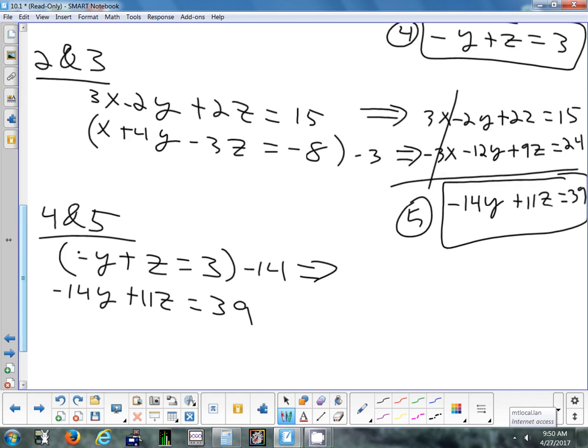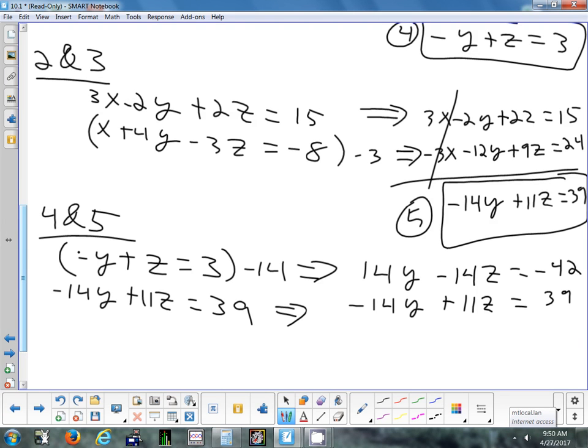Okay, so that's going to give me 14y minus 14z. And what's 3 times -14? -42. And the bottom one, did we do anything to that? No. -14y plus 11z equals 39.